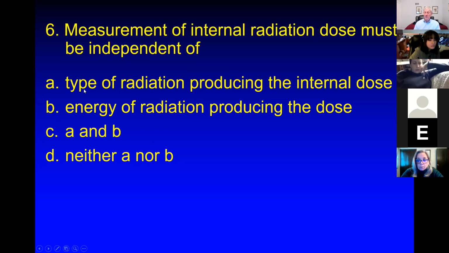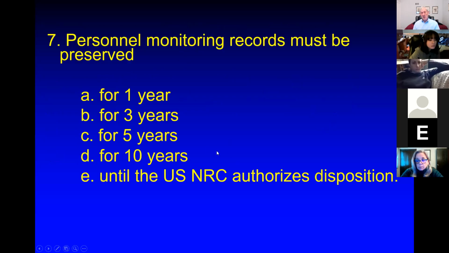It has to be independent of the type of radiation. Remember we said it could be alpha, beta, gamma. We have to handle all of it. And the energy, it has to be able to handle low, medium, and high energy. Good, A and B. Personnel monitoring records have to be preserved for how long? E, until the NRC authorizes disposition.